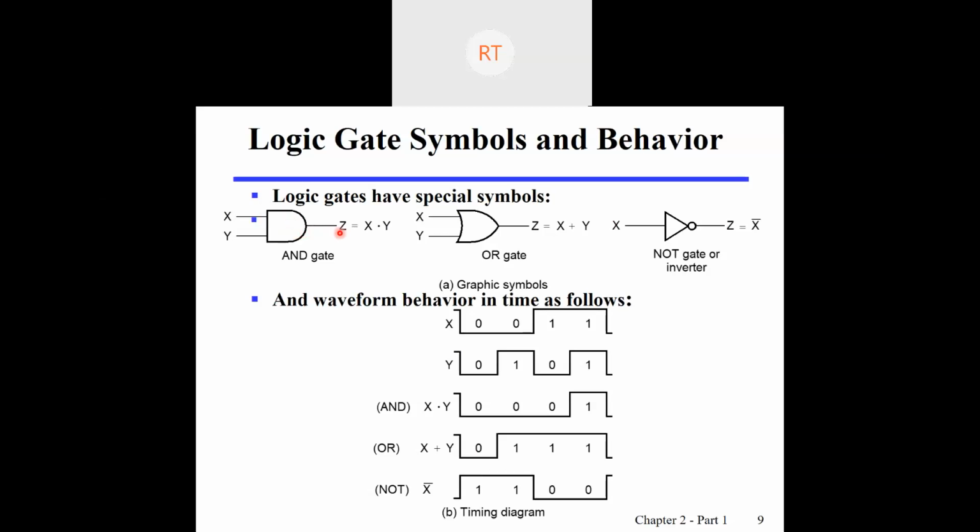In this case, please, when do I get a 1 on the Z? When both of them are 1. Perfect. When X is 1, Y is 1, I get a 1 here. Hiba, if I have X equal to 0 and Y equal to 1, what is my Z? 0.